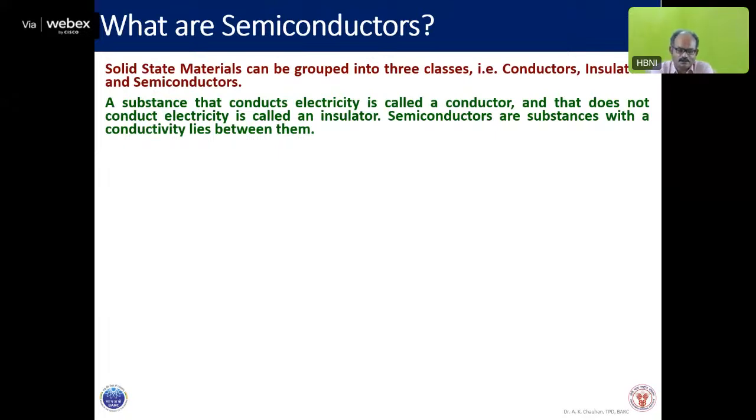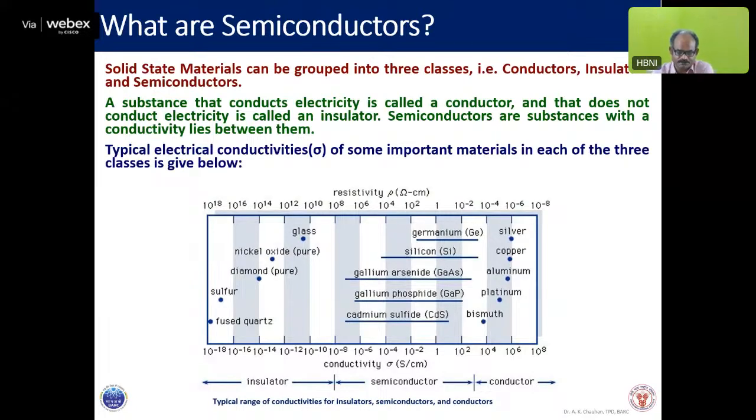One which does not conduct electricity will obviously be an insulator. So where do semiconductors belong? The materials for which conductivity lies between the metals, or conductors, and insulators are called semiconductors.